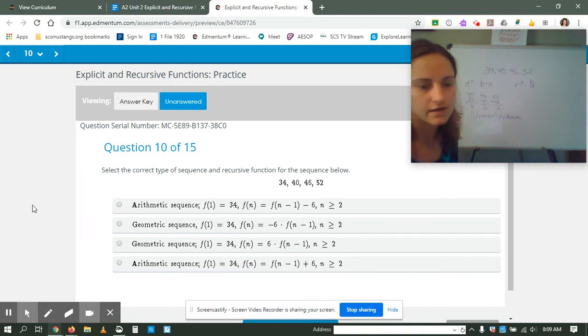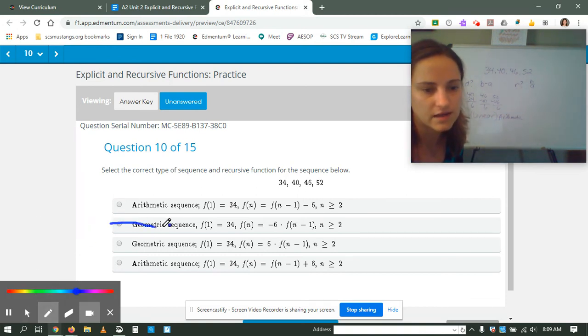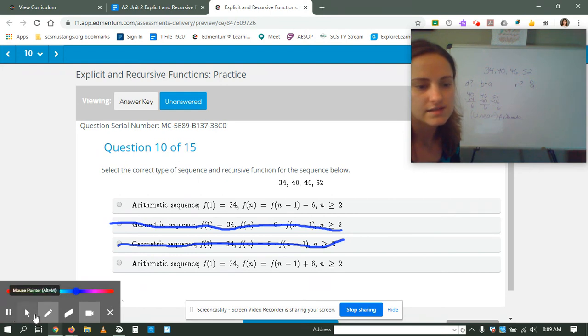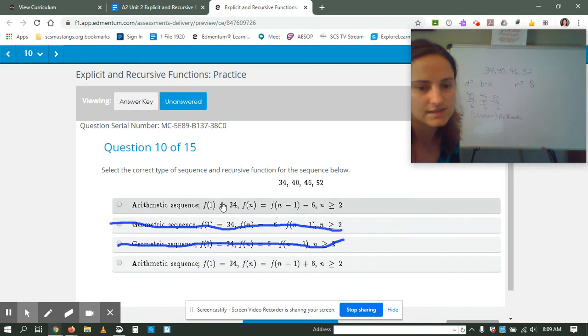So I can automatically eliminate those two. Then the next thing it has us working with is that our first term is 34. It's the same for both of them, so that's not enough to help us eliminate anything. And it looks like the form they're using there is the recursive form.